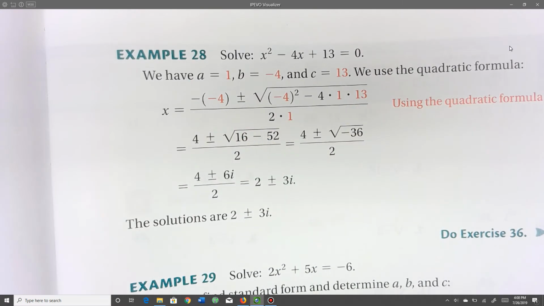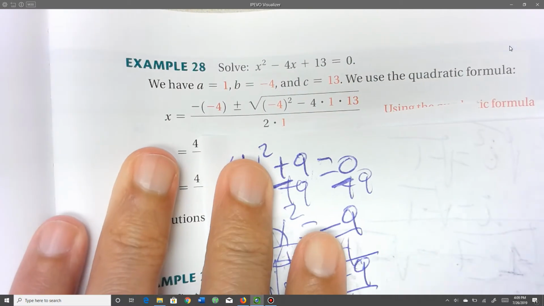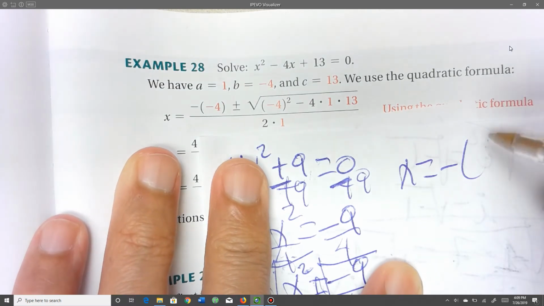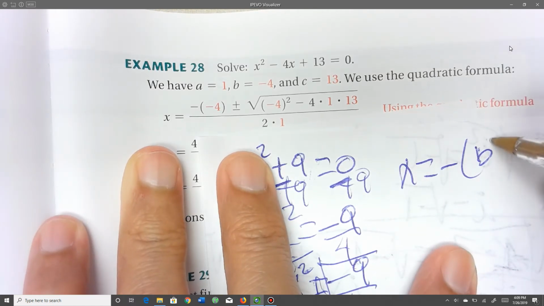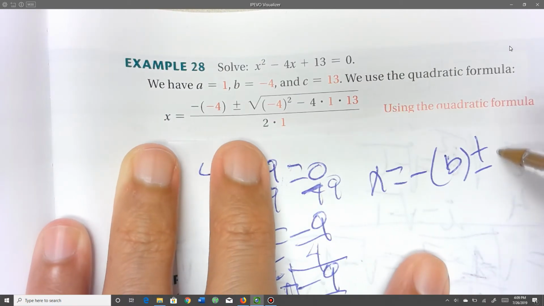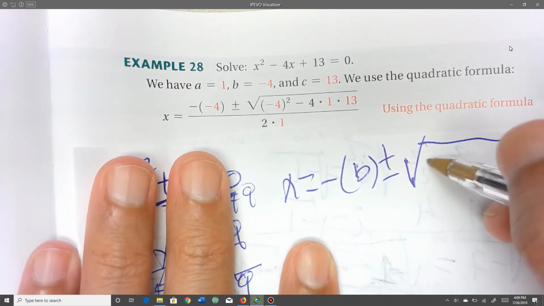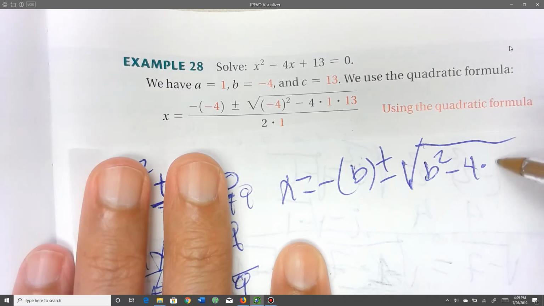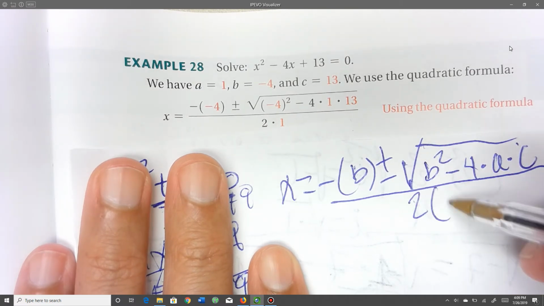And then for the equation, if you don't already know it, I'm just going to write it here: x equals negative b plus or minus the square root of b squared minus 4 times a times c, all over 2 times a.